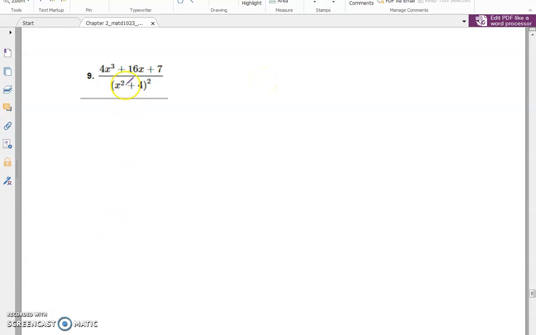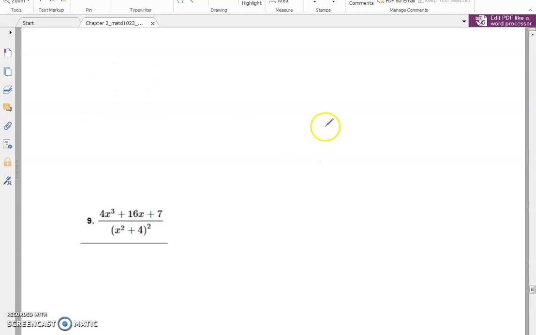As we analyze here, the factor that we have is a quadratic, because the highest power of your x is 2. But now you need to be very careful, because the quadratic function is going to repeat twice, because you have a power of 2 here.